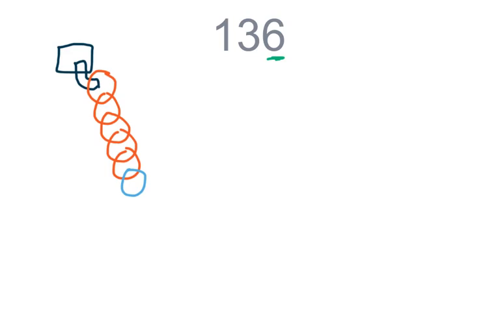Let's go ahead and write a number sentence for the chains we have so far. 5 red plus 1 blue equals 6. Just like the 6 in the ones place of 136.